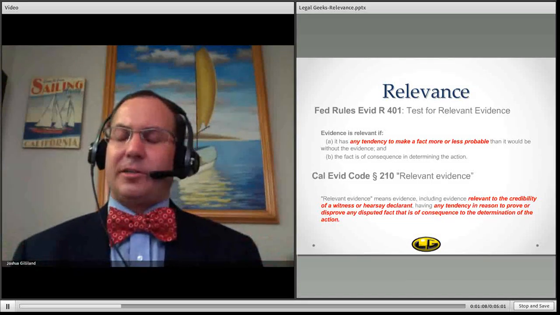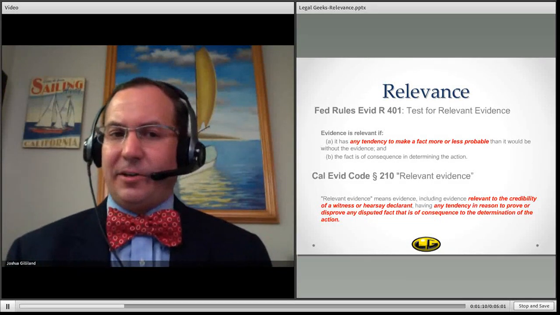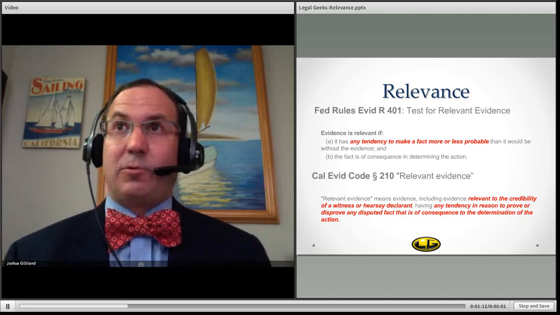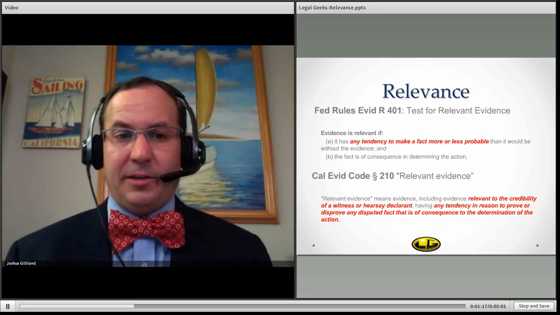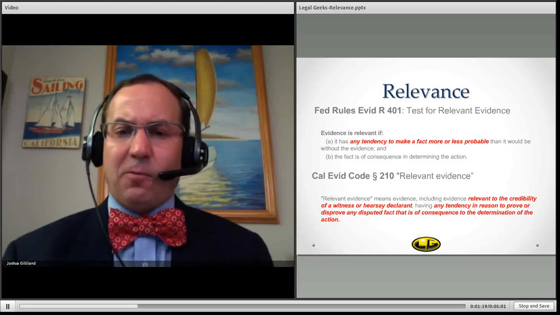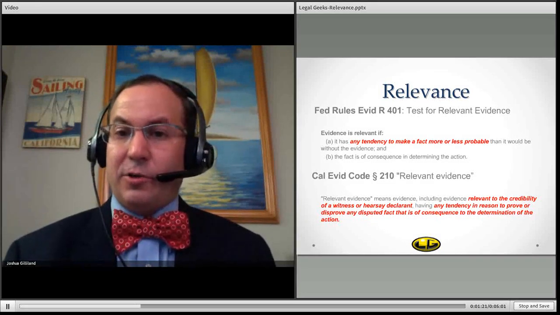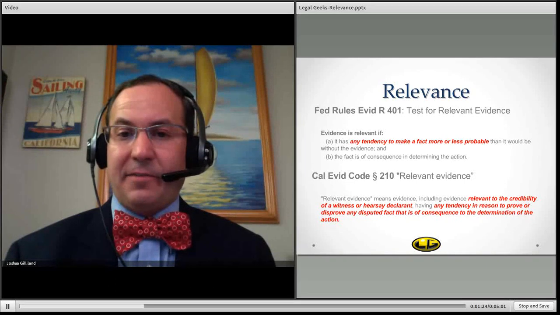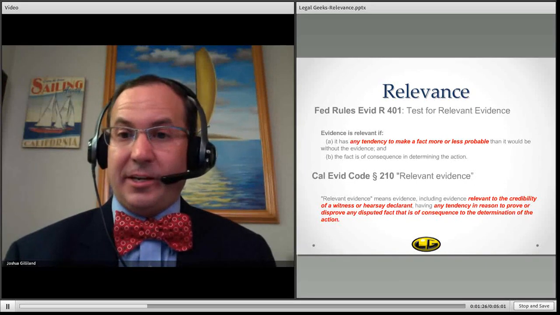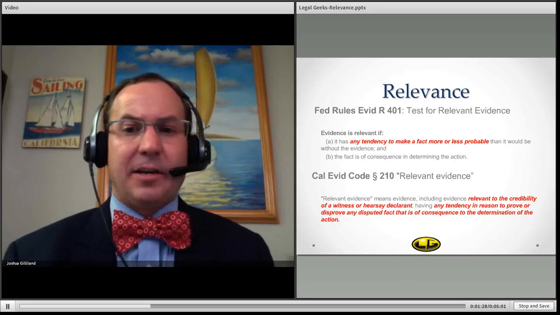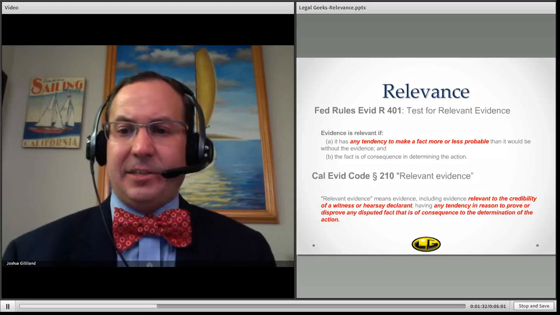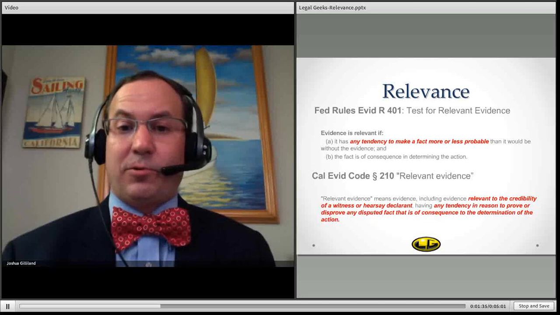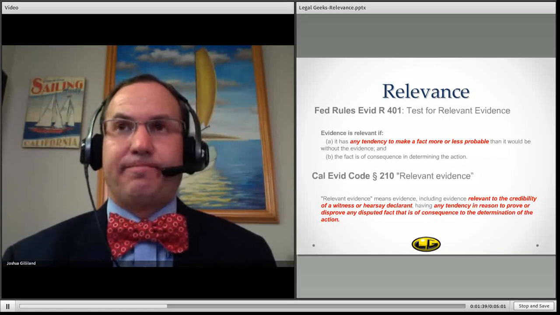Now, it's very interesting to look at any of the different state laws out there to see if they mirror the federal rules of evidence directly, or if they have their own spin to the legal theory. California Evidence Code Section 210 defines relevant evidence as evidence, including evidence relevant to the credibility of a witness or hearsay declarant, having any tendency in reason to prove or disprove any disputed fact that is of consequence to the determination of the action.